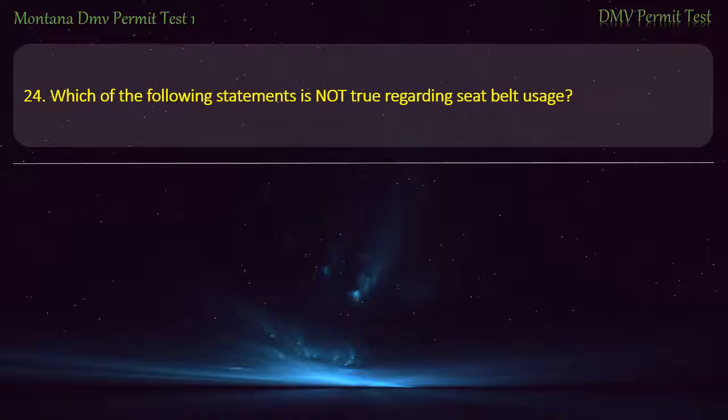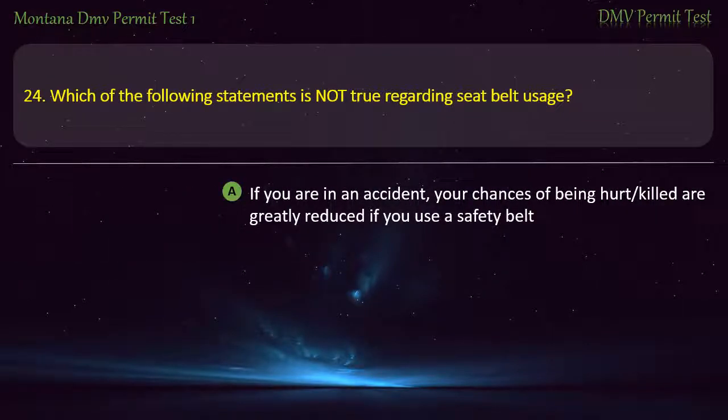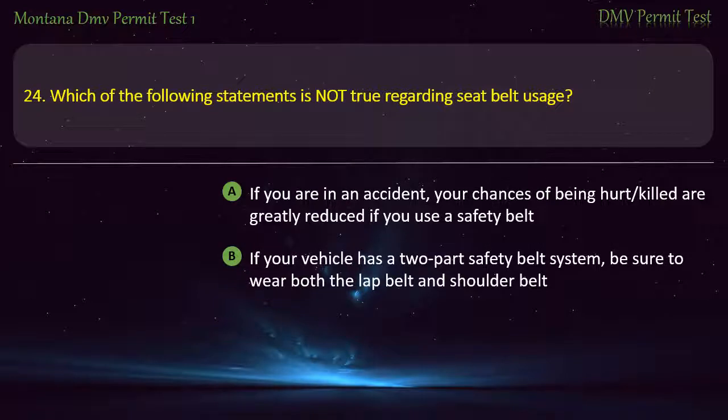Question 24. Which of the following statements is not true regarding seatbelt usage? If you are in an accident, your chances of being hurt or killed are greatly reduced if you use a safety belt. If your vehicle has a 2-part safety belt system, be sure to wear both the lap belt and shoulder belt.